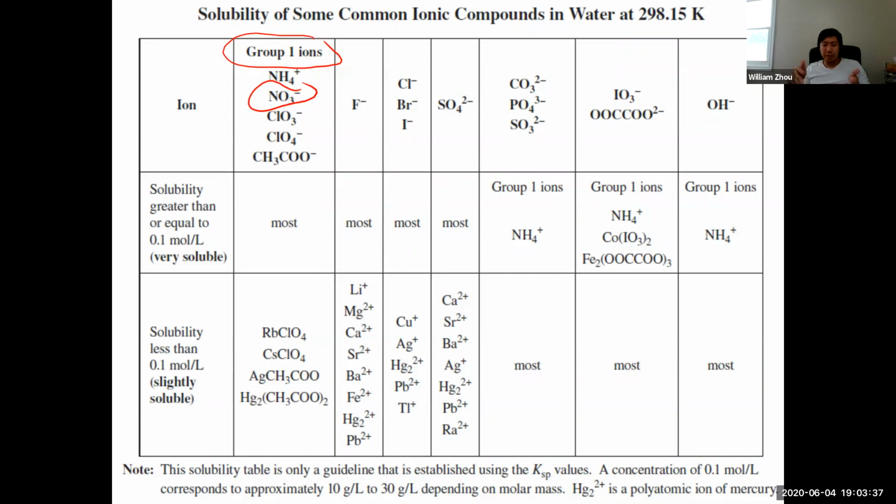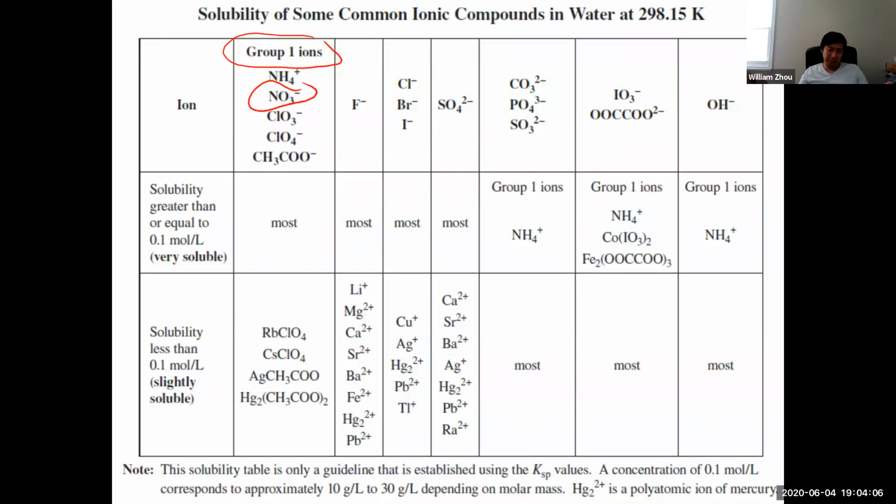Which is why I'll tell you 2 rules. If you remember these 2 rules, for 90% of the questions, you won't need a table in the first place. Rule number 1: nitrate and alkali metals are always soluble. The same with NH4. Group 1, the alkali metals, NH4, ammonium, and nitrate are always 100% soluble with everybody.